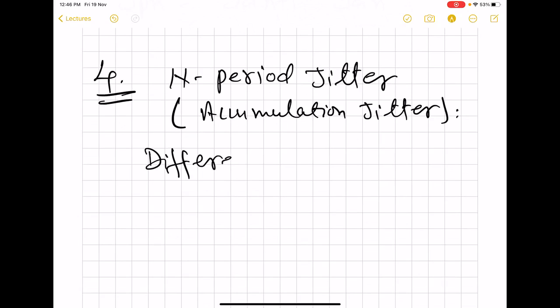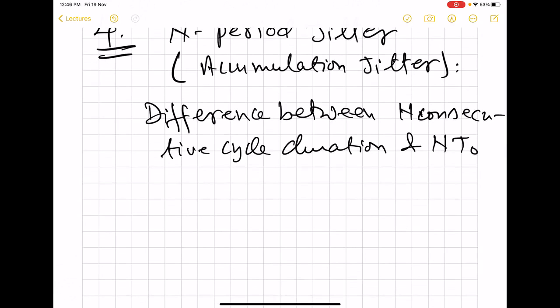So this is difference between n consecutive cycles. So we take n consecutive cycles of non-ideal clock and then find out its difference with respect to that of the ideal clock, for which duration is going to be n T naught.